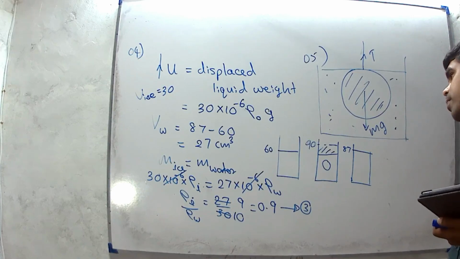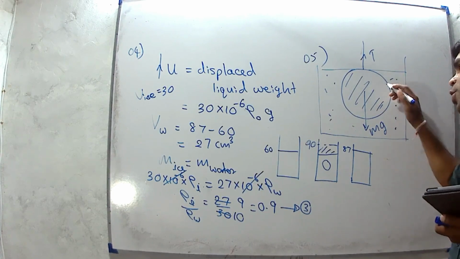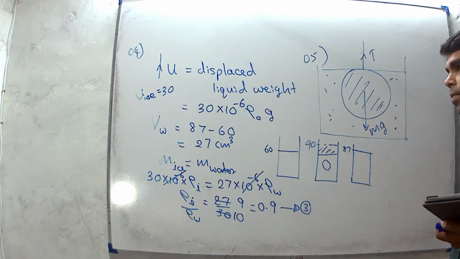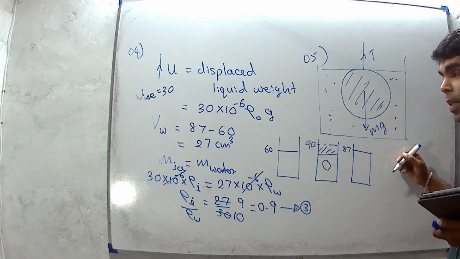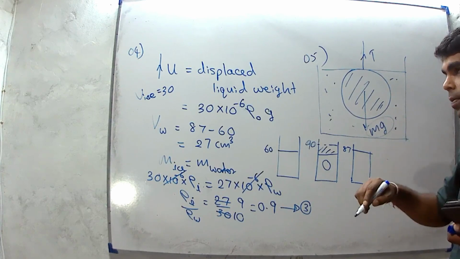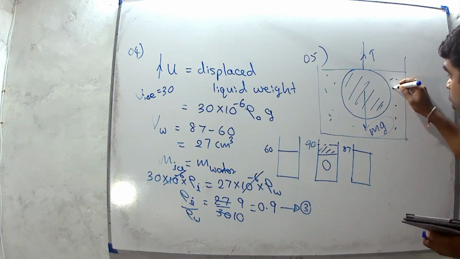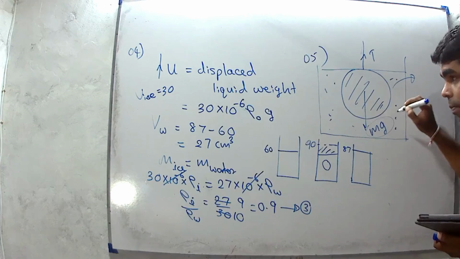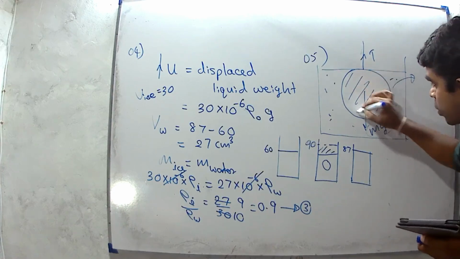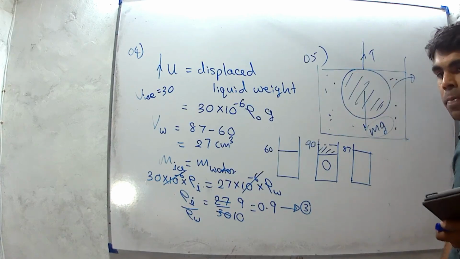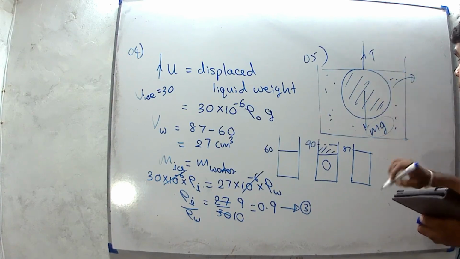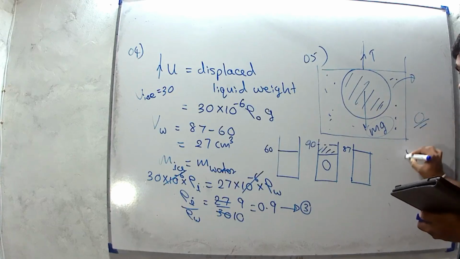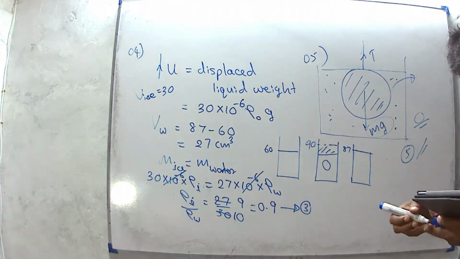Therefore, the upthrust on the water due to water equals the weight of the water, because the displaced water mass equals the mass of the object, same medium. Then the tension of the string should be 0. Answer is 5 for question number 5.